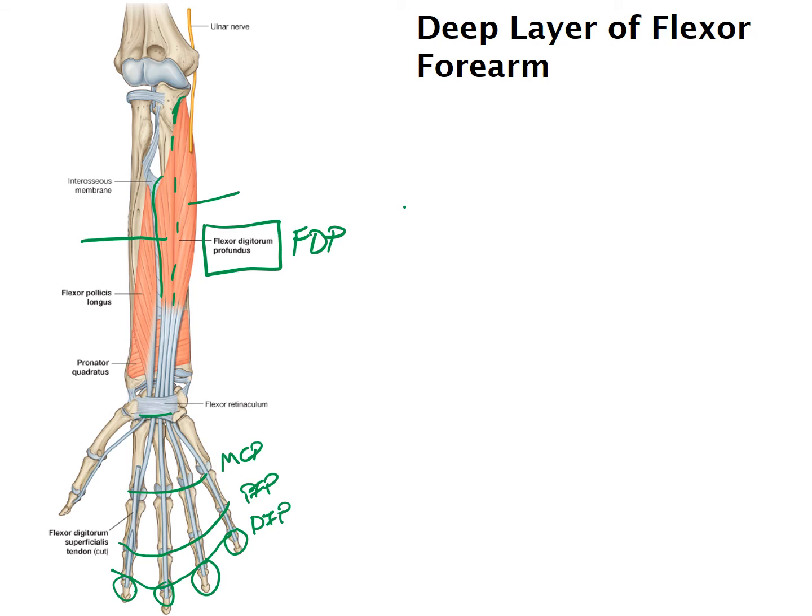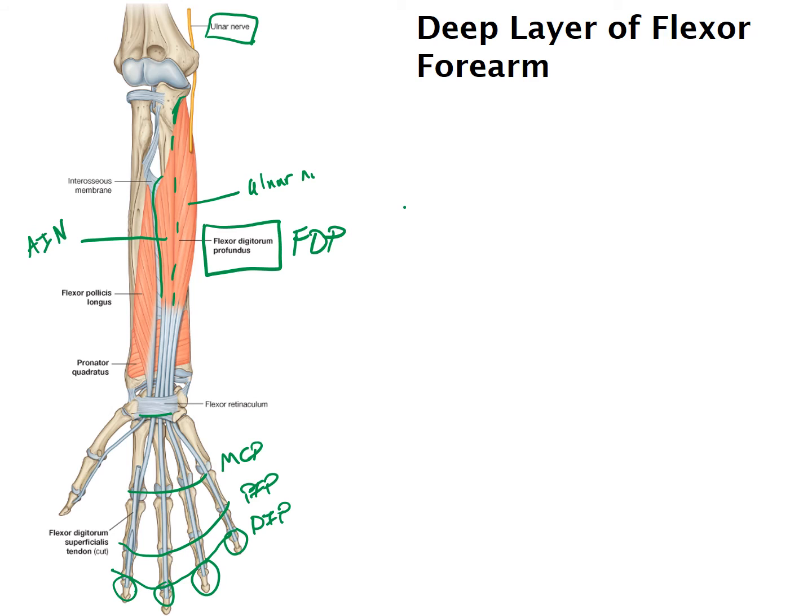Again, the radial half is served by the anterior interosseous nerve, abbreviated AIN. And the medial half of this muscle is served by the ulnar nerve, as shown here. Knowing the specific innervations of these muscles will be very important when we start to localize nerve lesions that affect either the forearm or the hand.